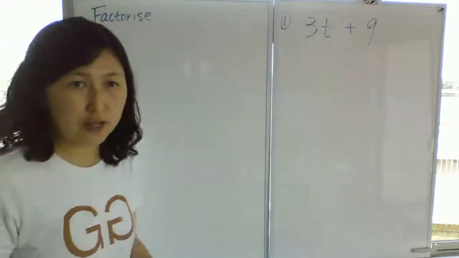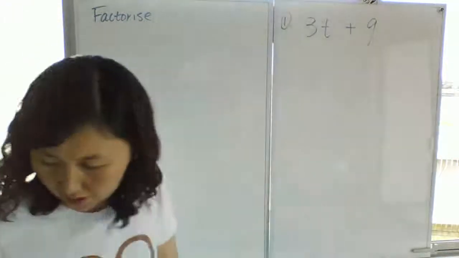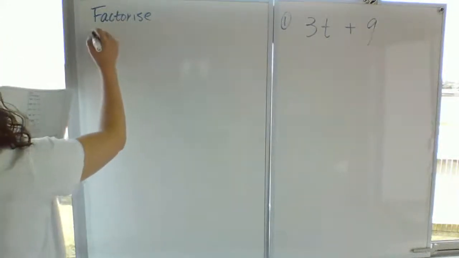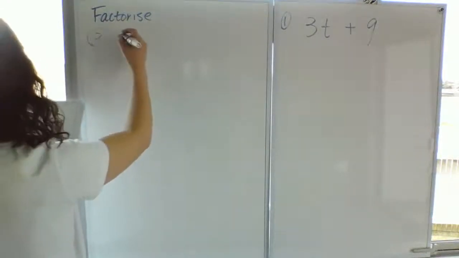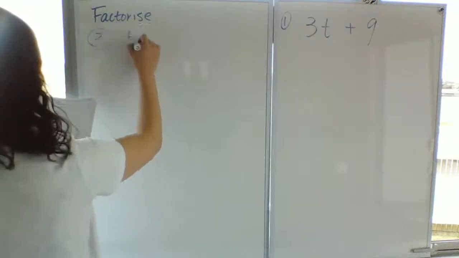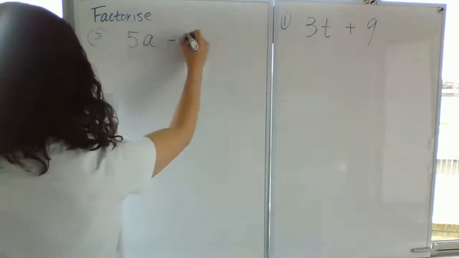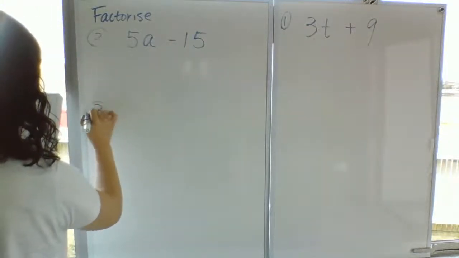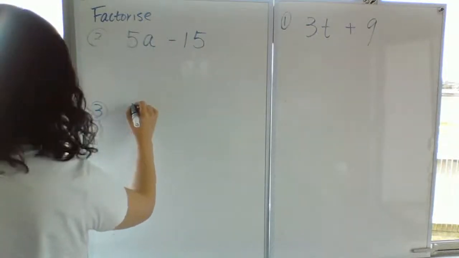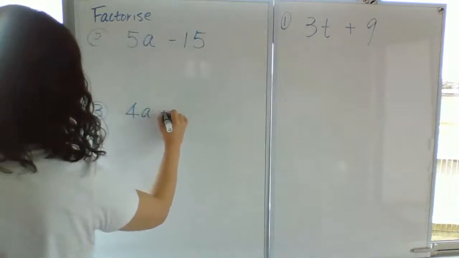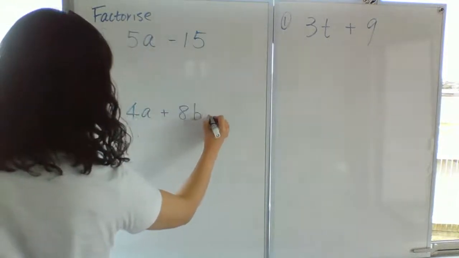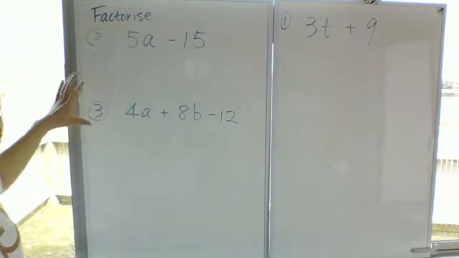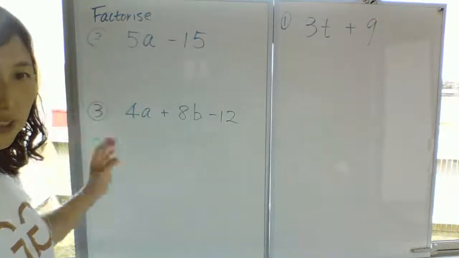Make sure that all of you have the math notebook with you and you write things down. All right, I wrote another 2 questions on the left-hand side, so you can have a look.